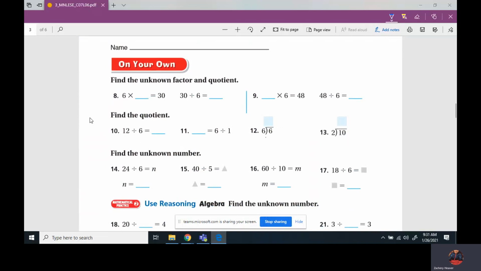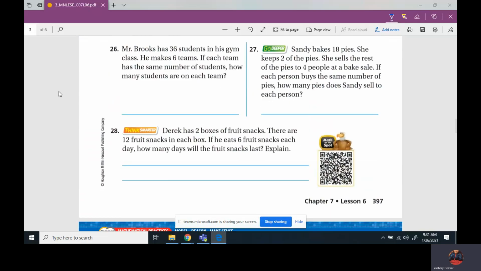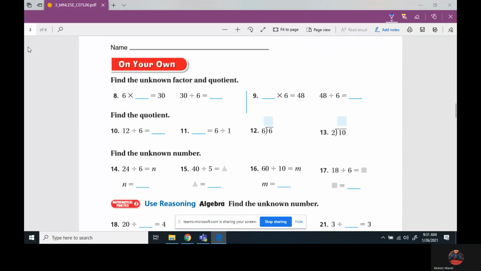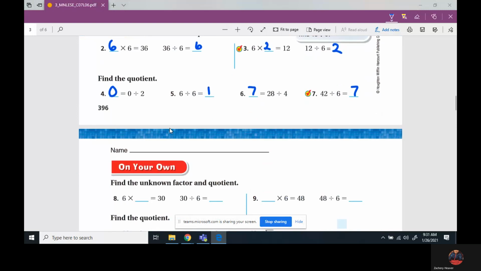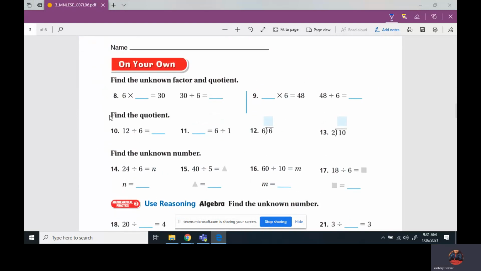Cortland, 6 times what equals 30? We're on page 397 now. 6 times. Should have it. Bring me your book. Cortland, look on your chart. 6, go down to 30 and tell what number it is.